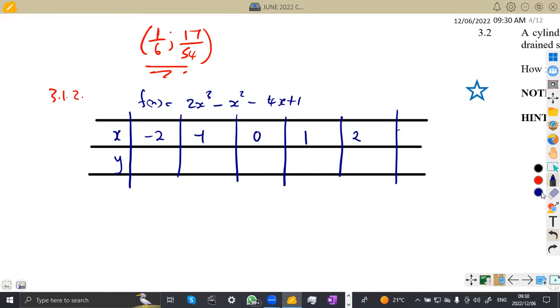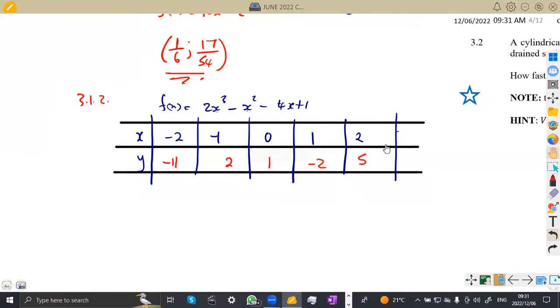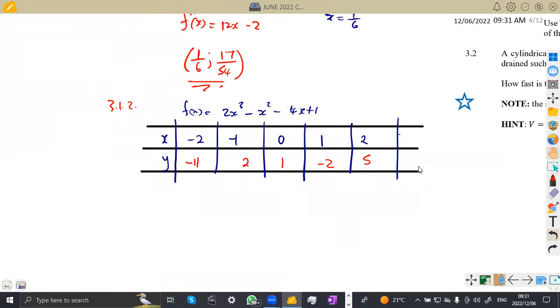What you simply do, guys, is substitute. This is the easier question. You substitute -2 in place of x, and if you substitute -2, this will give you a 5. I'm not going to waste much time on this one. Just substitute your values directly.